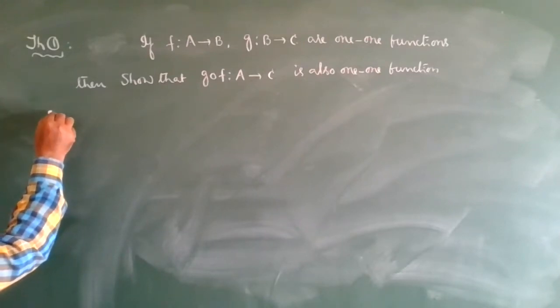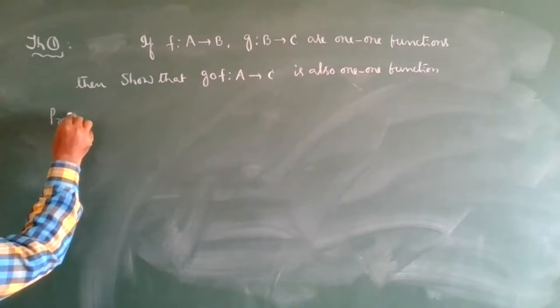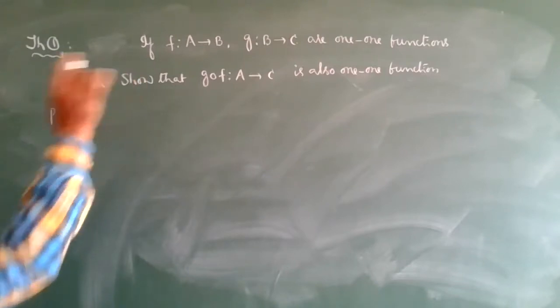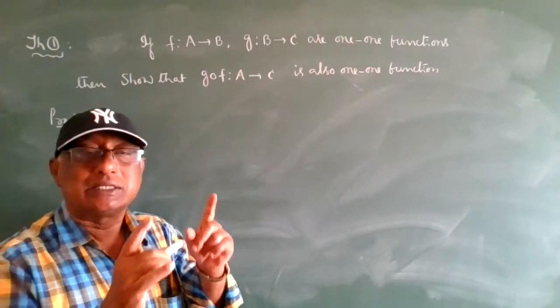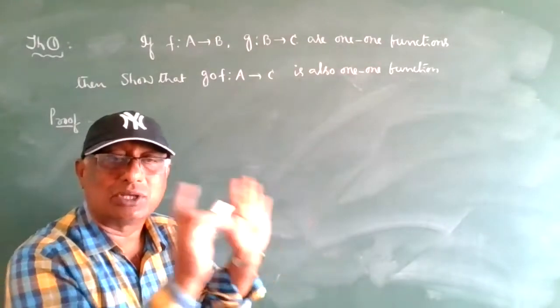So what is the proof of this theorem? f is already a one-one function: if images are equal, their elements are equal.